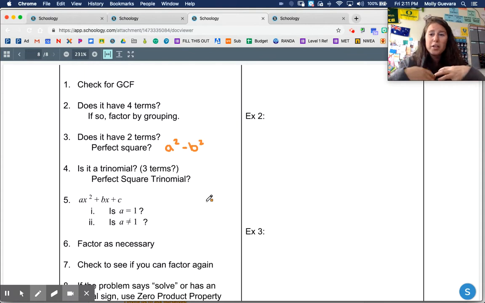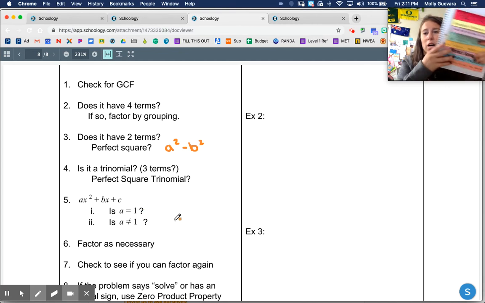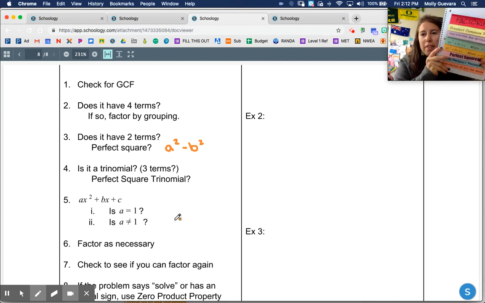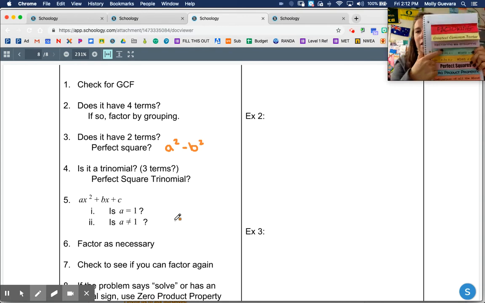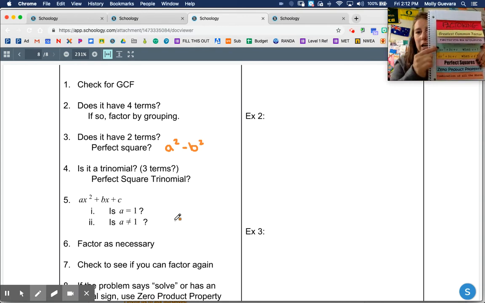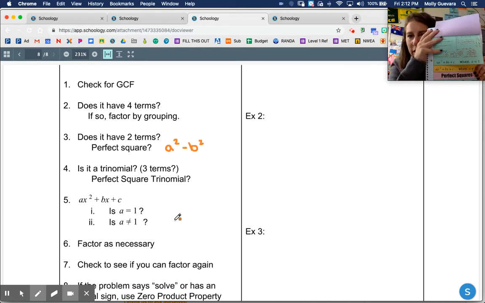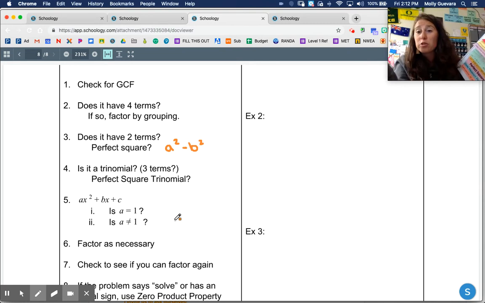So once you figure out how to factor, then you factor, and then you check, can you factor anything again? If I determine that I'm going to factor when a is 1, and I don't remember how to factor that, then I can go to that spot in my foldable and remind myself, how do I factor when a is 1?